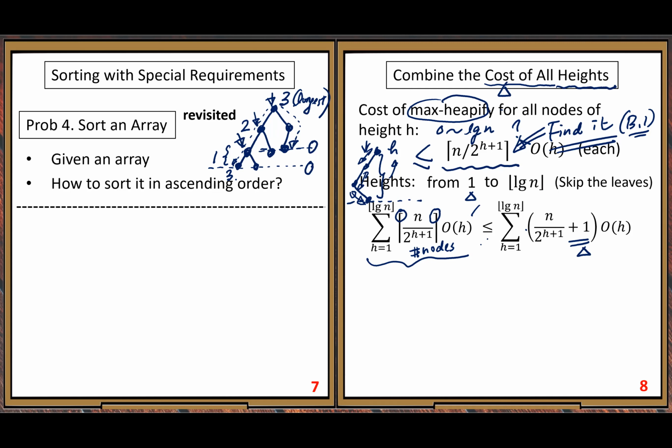So we can use the less than or equal sign for the estimation. Inside the parentheses there are 2 terms. The first one is a fraction expression, the second one is the constant 1. So we can split these two terms and do the summation separately for each. For the first term, this is the summation. For the second term, we have this summation.